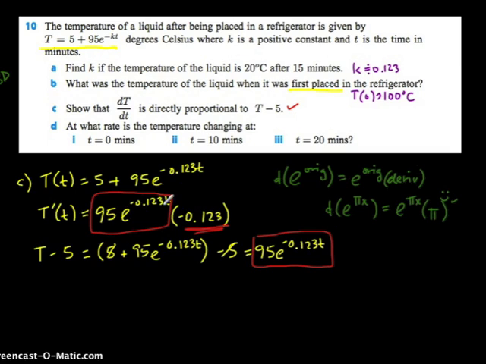And in fact, we're going to put that off to the side. I'm going to write that up here. We can say that our derivative, meaning our rate of change in temperature with respect to time, is the same as negative 0.123 times, we can actually replace, instead of saying this 95 e to the negative 123 thousandths times t, and just put T minus 5, because remember, it's all equal, right?